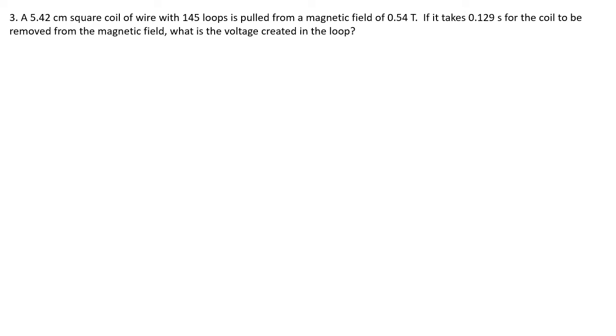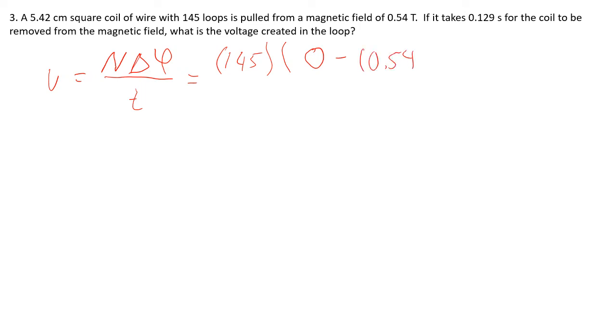So our equation for the voltage in this case is going to be V equals N times the change in flux, which is phi, over the time it took to change it. In this case, N is 145 for number of loops. Now the change in flux is going to be the final flux minus the initial, and because it's leaving the magnetic field, it ends up with 0 minus the initial magnetic field, which was 0.54, times the area, which is going to be the area of the 5.42 centimeter square coil.